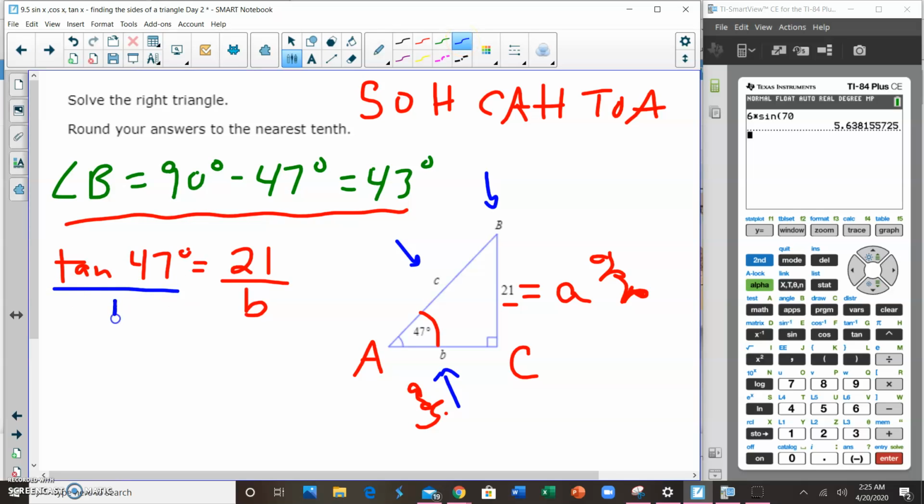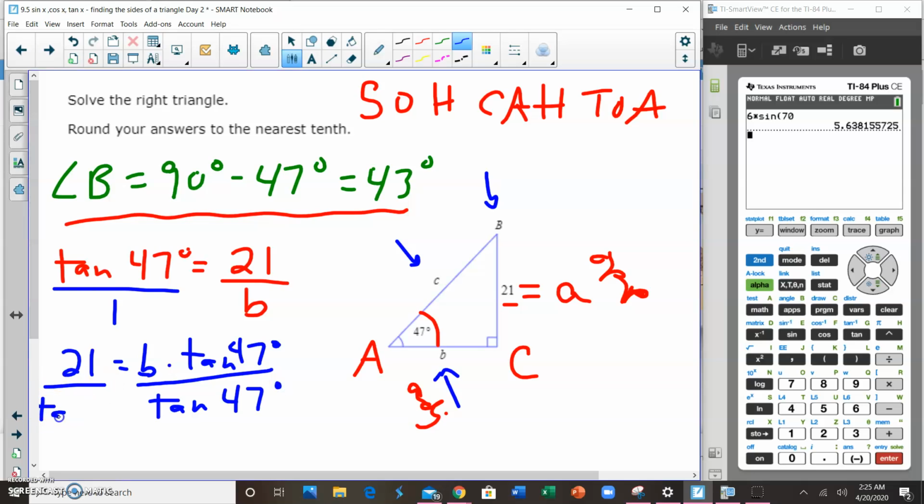So I'm going to put this over 1 and I'm going to cross multiply. So 21 is equal to B times the tangent of 47 degrees. So I'm trying to figure out what B is. I'm going to divide both sides by the tangent of 47 degrees. Should have done that in a different color. Whoops. Well, oh well.